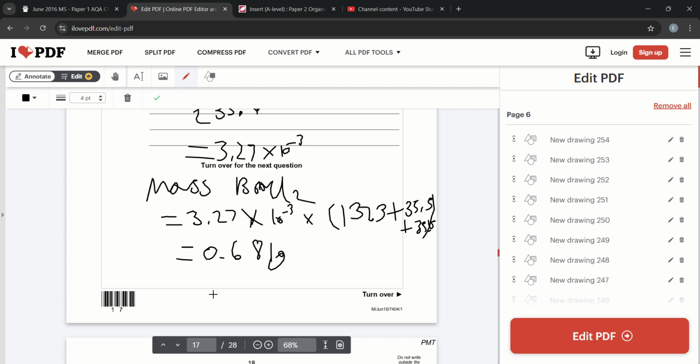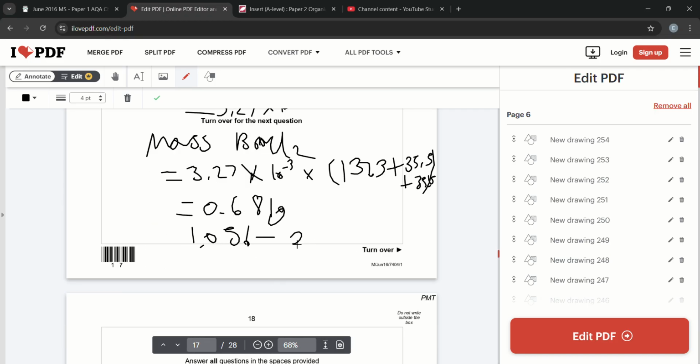So the total mass 1.056 minus 0.681, which gives you the mass of magnesium chloride, divided by total mass, 1.056.